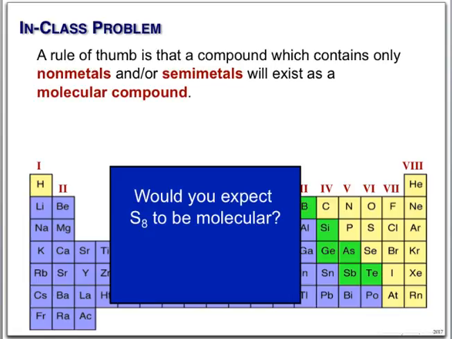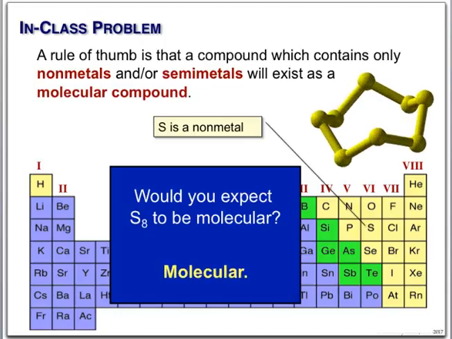Absolutely right. All you have to do is find it. Here it is. It's a nonmetal. The bonds are going to be covalent. Kind of a cute compound, looks like a crown. Any questions?